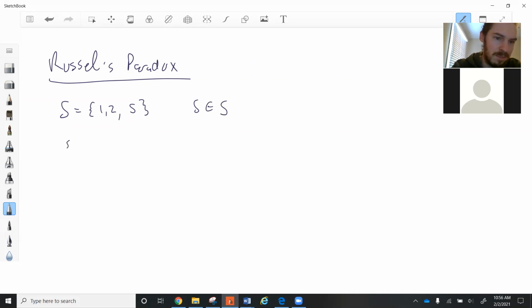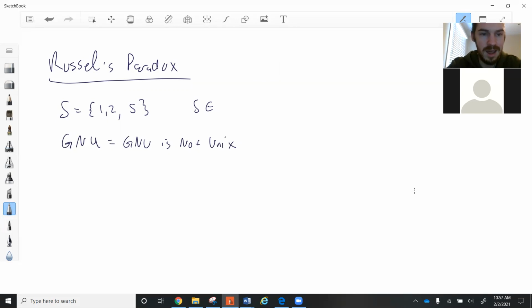Because it creates essentially this infinite recursion. A good example of this is GNU, which stands for GNU's Not Unix. So you get GNU's Not Unix's Not Unix.